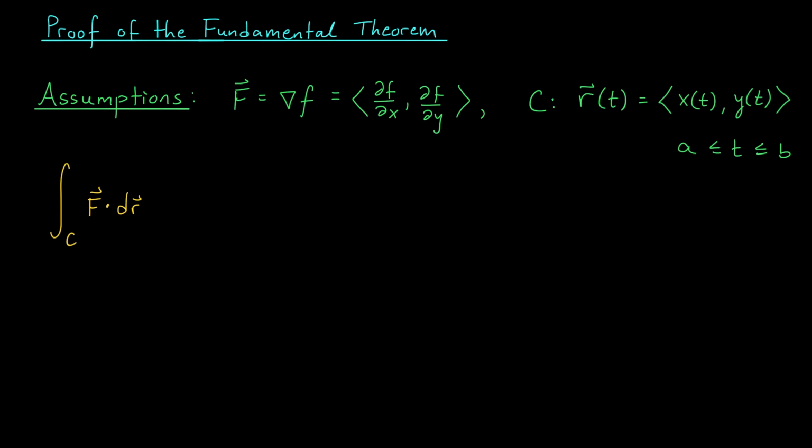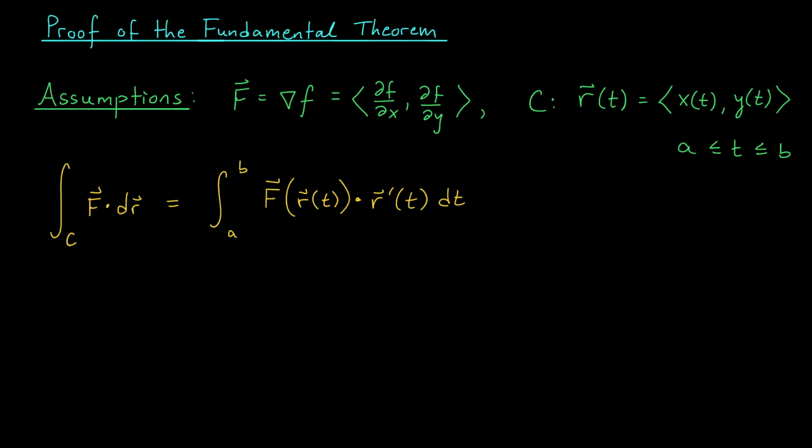We now have to ask ourselves, what happens when we try to compute this line integral? Well, all we have to work with is the definition. According to the definition, this line integral is the integral from a to b of F of r of t dot r prime of t dt. That's all we have at our disposal. So we have to do the only thing we can do. We have to replace this capital F with this gradient vector, right?